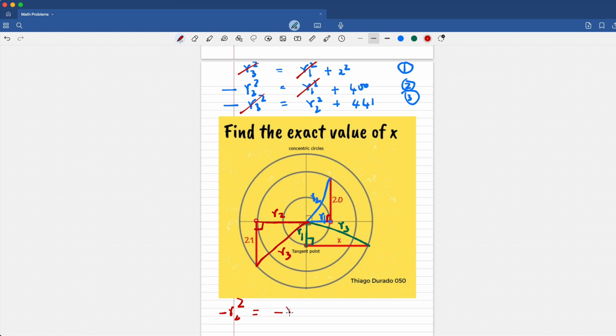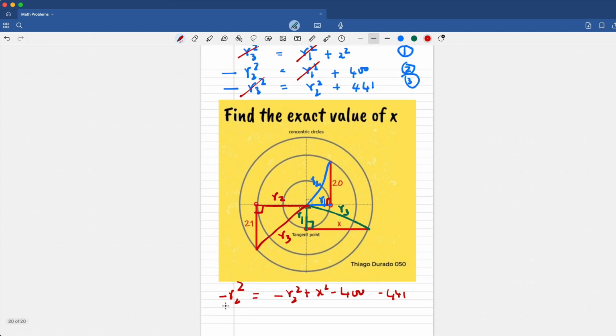But you also have a minus R2 squared, a plus x squared, a minus 400, a minus 441. So R2 squared also cancels out, and you can basically bring the constants to one side and the variable on the other side. X squared is going to be equal to 841, which is nothing but 29 squared. Therefore, x is 29.